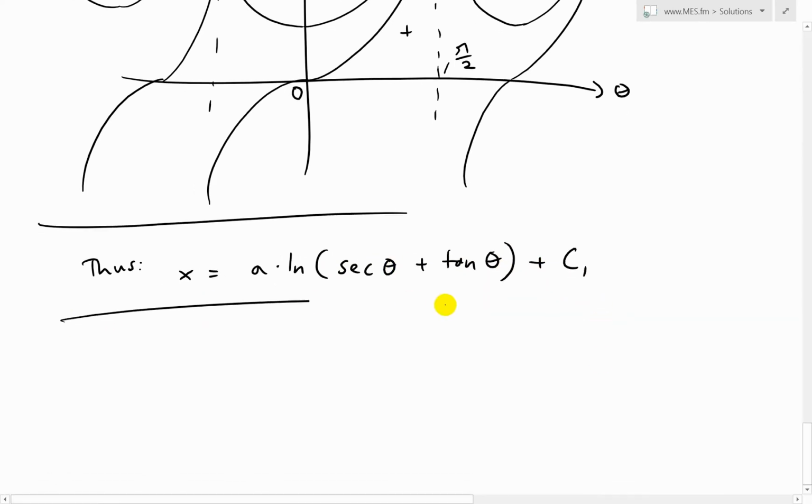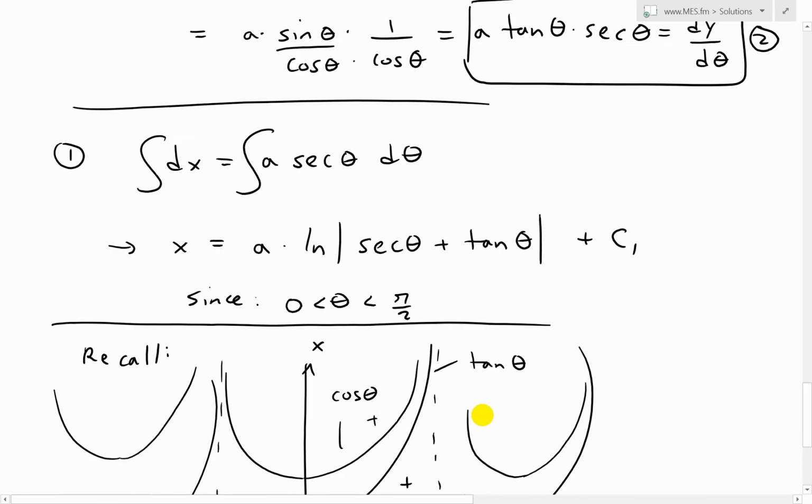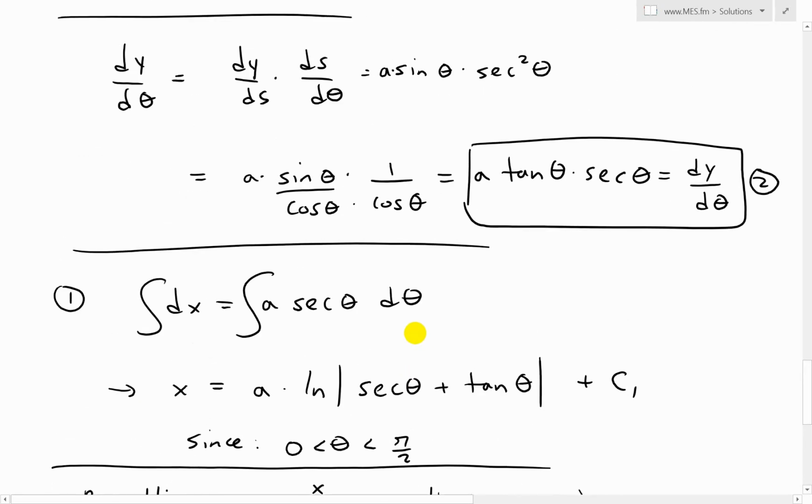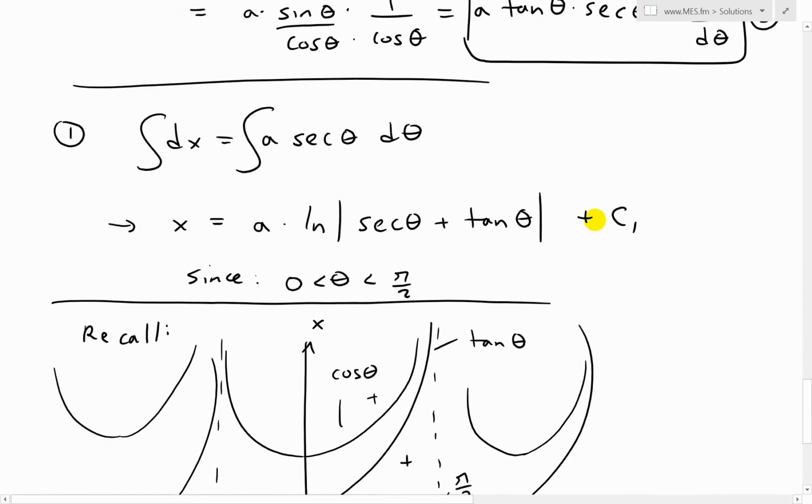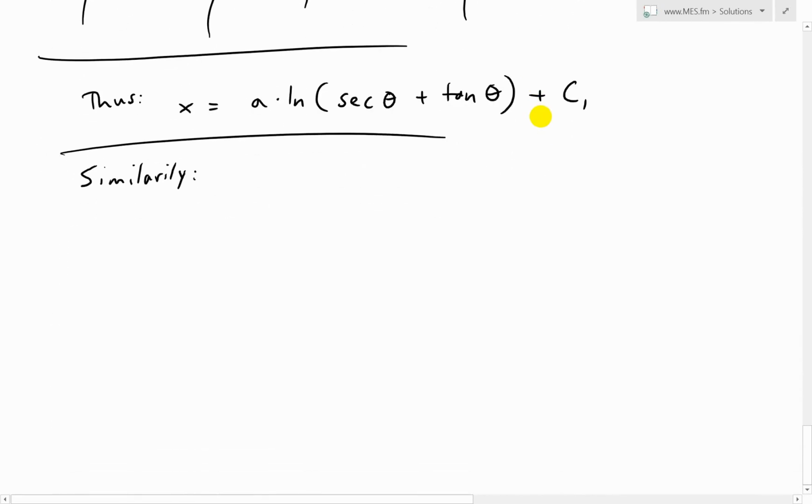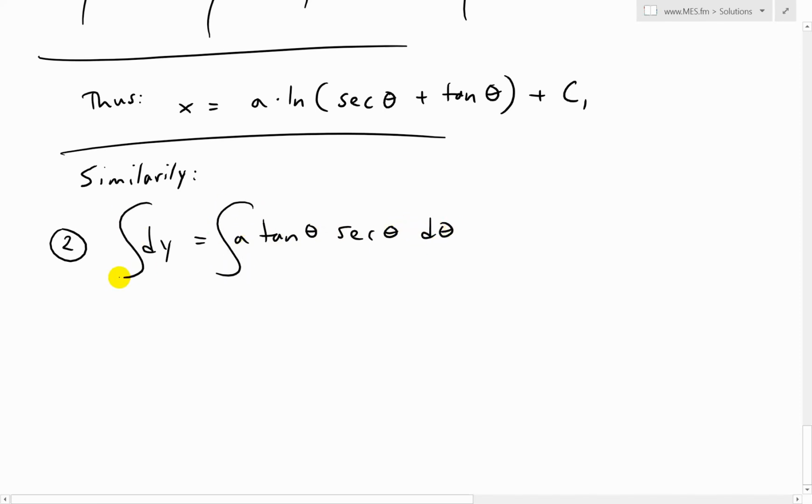Now similarly for y, that's equation 2 right there, a tan theta secant theta. I'll write this as the number 2 formula above, but then move that d theta across. We'll have dy equals a tan theta secant theta d theta, and then take the integral of both sides.